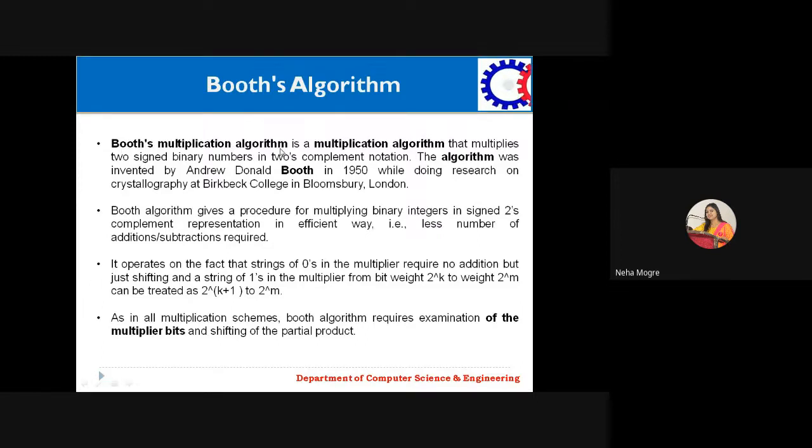It is not a new algorithm, it was invented in the year 1950, when he performed some research. His research was on multiplication of signed binary numbers, and he designed an algorithm for this particular process. In London he was doing his research, and he designed one of the algorithms, named Booth's multiplication algorithm.